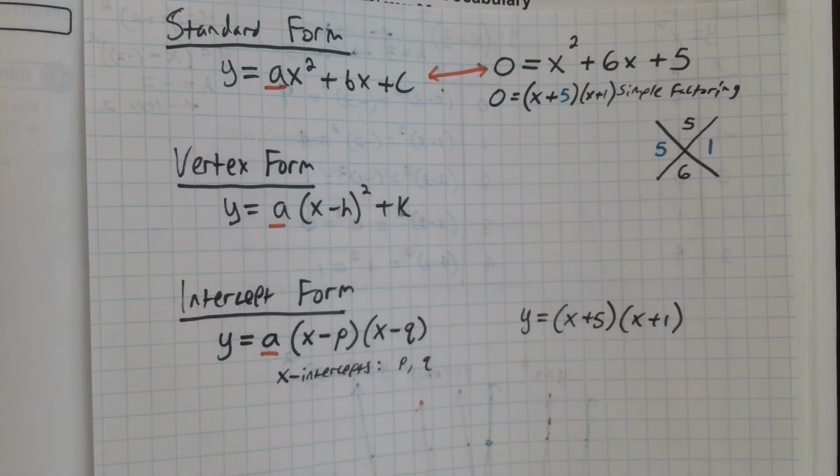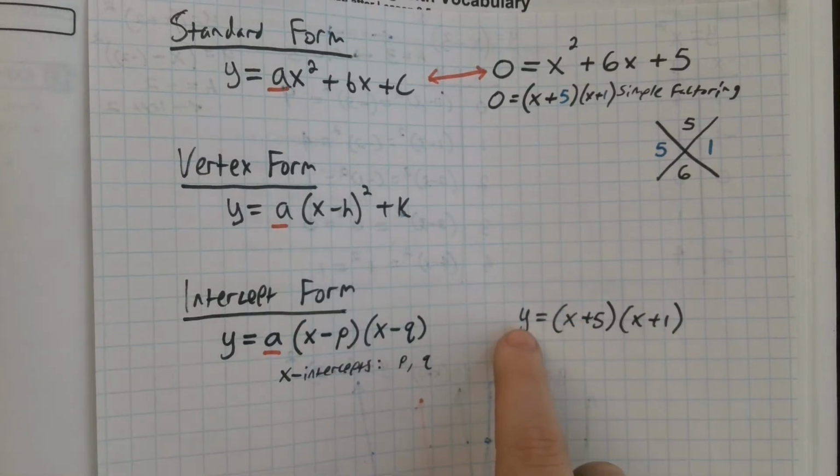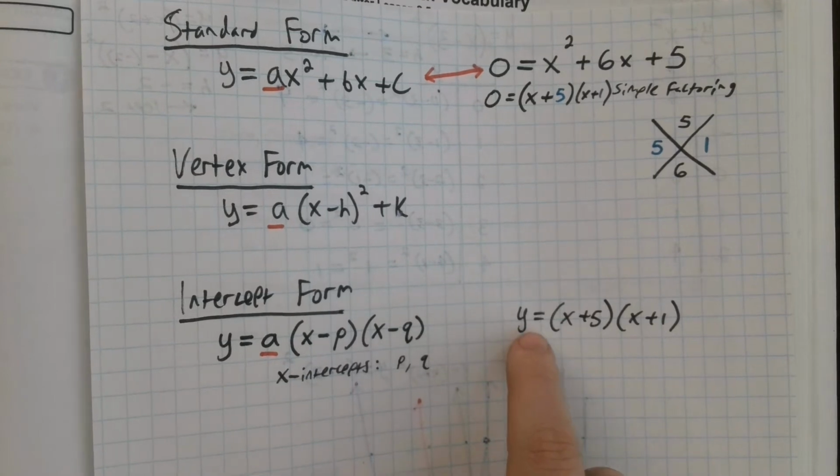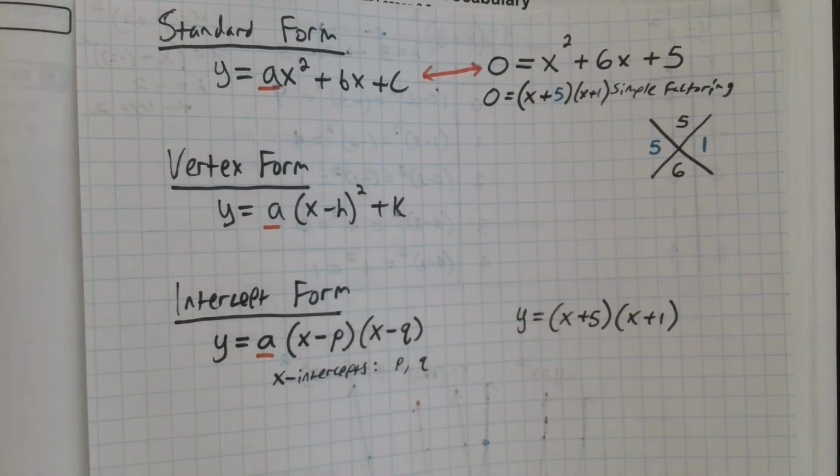Here's a hint for how you can figure it out. We've mentioned before that the roots of a polynomial are the same as the zeros of a polynomial, which is the same as the x-intercepts of a parabola. So, if we could figure out what x is when y is 0, we will know our intercepts.